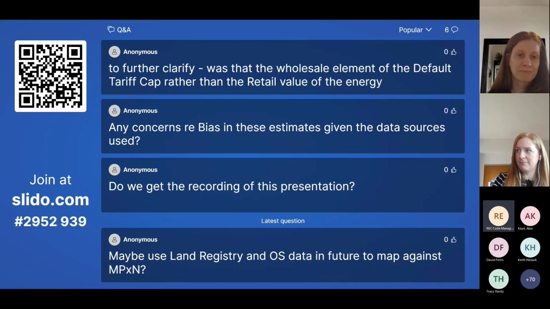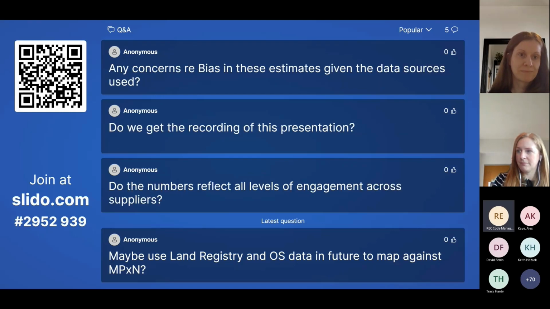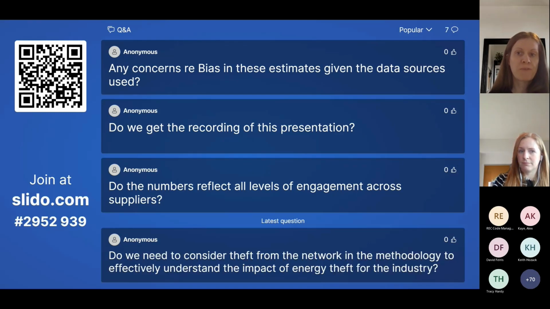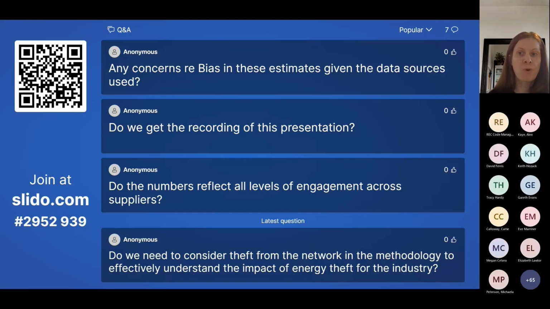Thank you. Next question, any concerns regarding bias in these estimates given the data sources used? We have sought, as far as possible, to use data sources from standard industry data sets. So we've got the TRAS data, the Crime Stoppers tip-offs data.